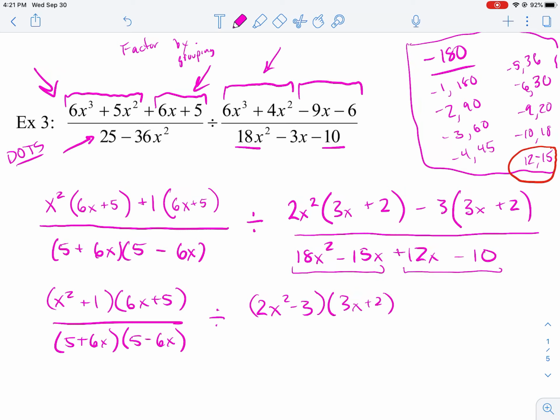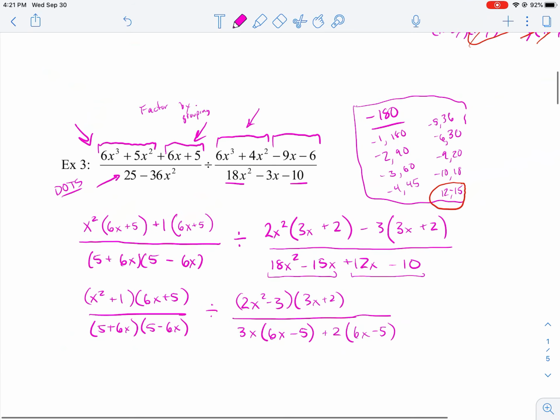Let's factor this guy right here. If I take out a GCF from that first piece, I would take out a 3x, which leaves me 6x minus 5. And over here on the other side, I'm going to take out a 2, and I'm also left with a 6x minus 5.